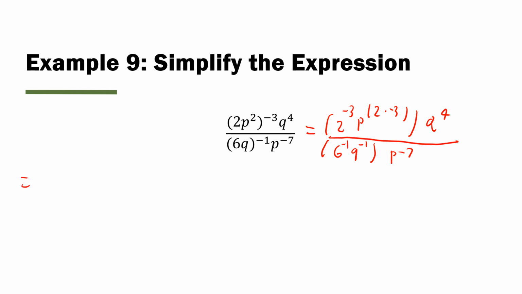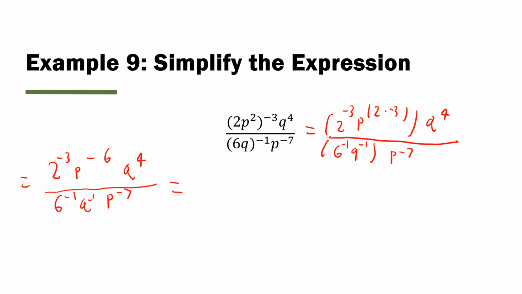Okay, let's simplify those exponents a little more. So we get 2 to the power of -3 times p to the power of 2 times -3, which is -6, times q to the power of 4, divided by 6 to the power of -1 times q to the power of -1 times p to the power of -7. Let's get rid of all of these negative exponents.